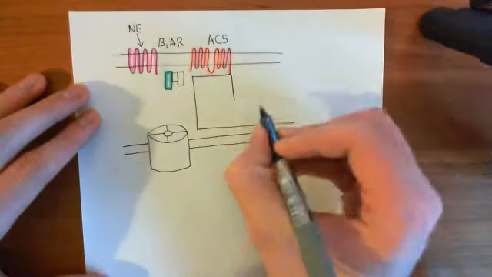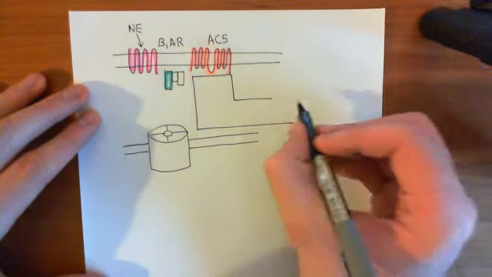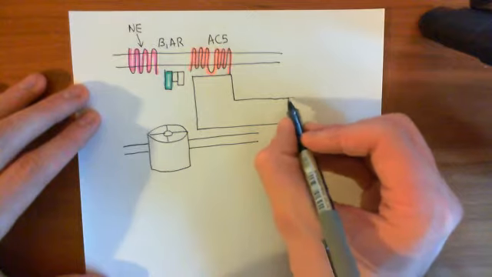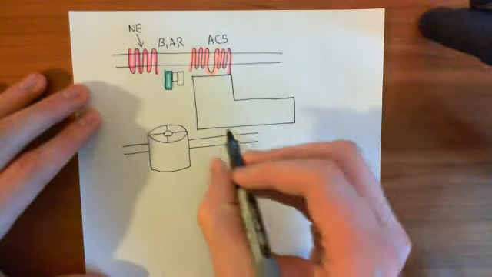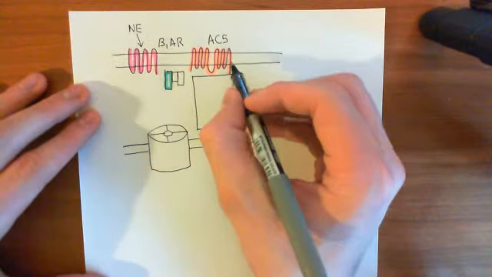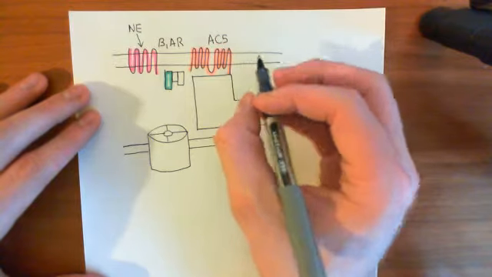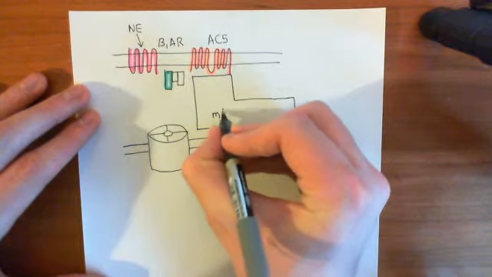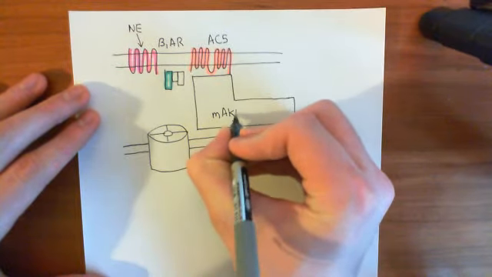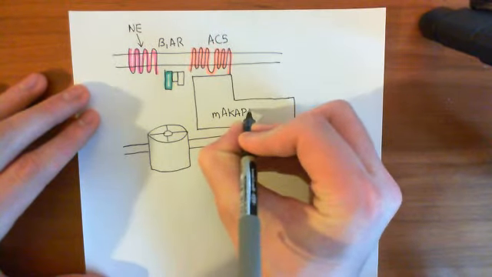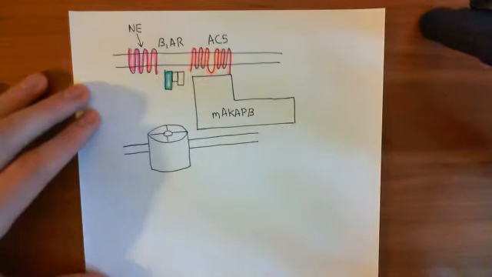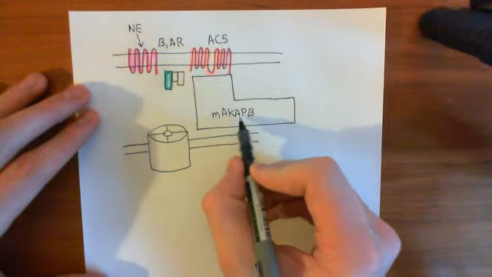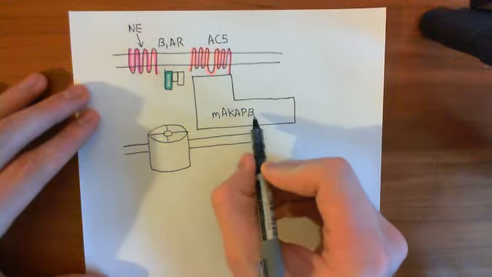And, oops, what am I drawing here? Right, so let's have it going around like that somewhere. So it's specifically binding to adenylyl cyclase 5, and it's got 2 names. It's known as M-A cap beta, and that stands for the muscle-specific A kinase anchor protein beta.